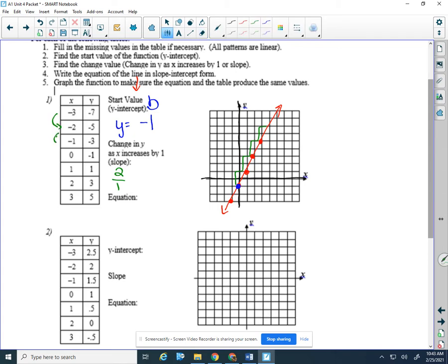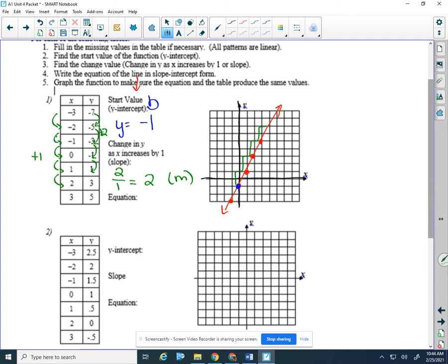The x values are all going up by 1. The y values are all going up by 2. So it's 2 over 1. And this, by the way, is m. Think of that as your moving number.